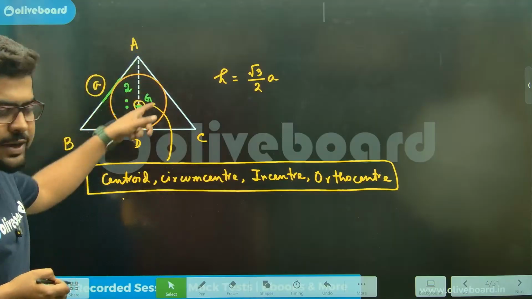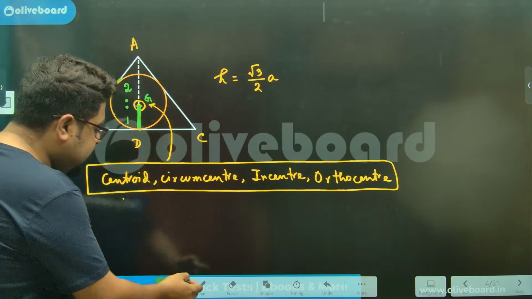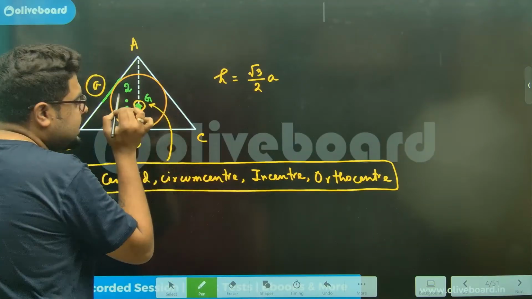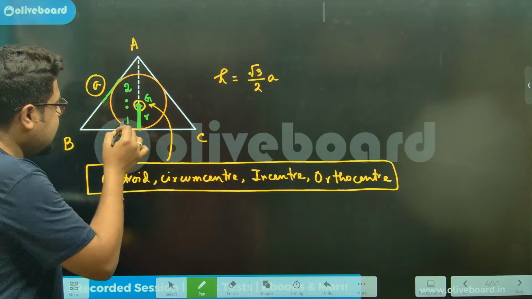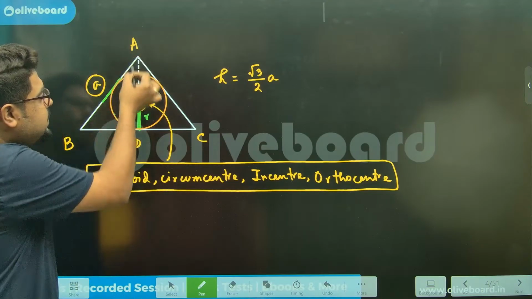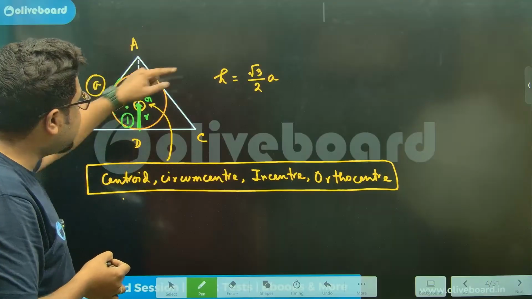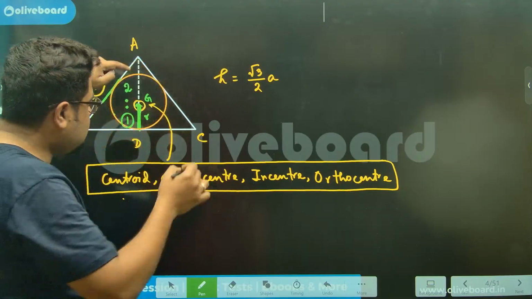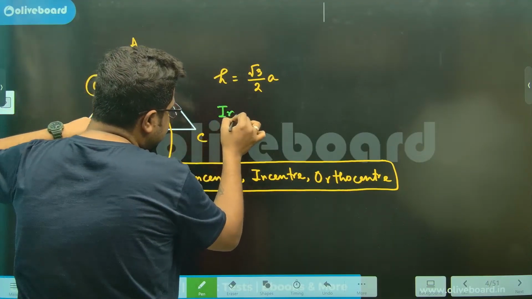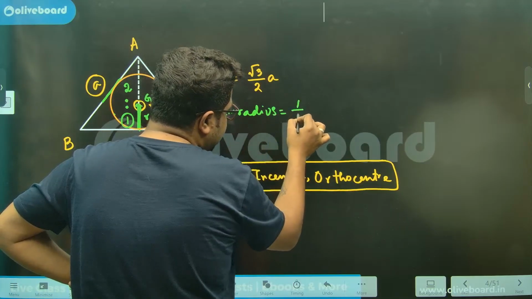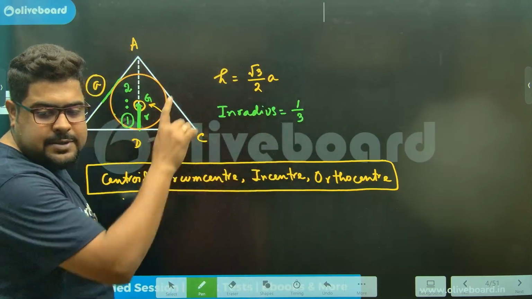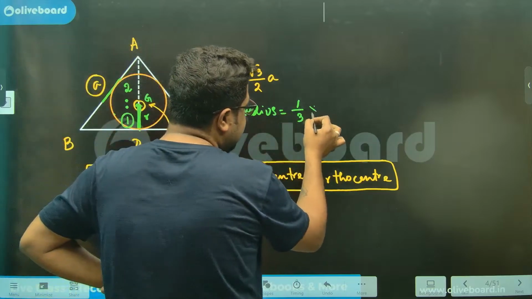You see, this is your incircle. And what will be the radius, sir? This is going to be the center and this is going to be the radius itself. This is nothing but one out of 3 parts of the height. So inradius is 1 part out of 1 plus 2, 3 parts, meaning 1/3 of the height.